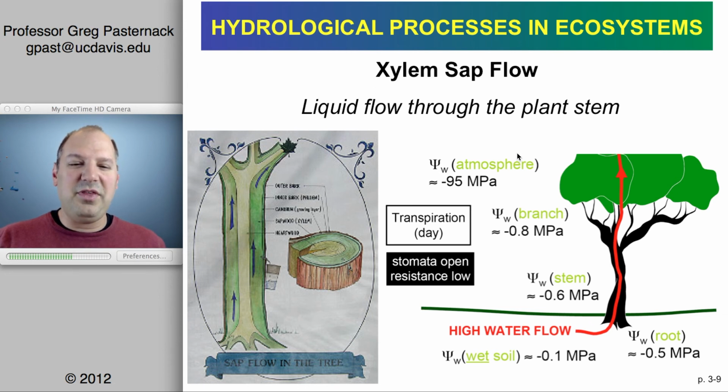It's not important. But the main thing is most flows go from areas of high pressure to low pressure, and that's exactly what you see here. So it goes from the soil into the root, up to the stem, the branch, and the atmosphere, and you can see that the potential is getting stronger and stronger, which means it's deviating farther and farther from zero.